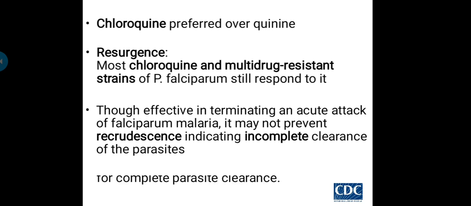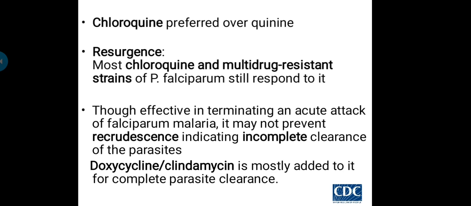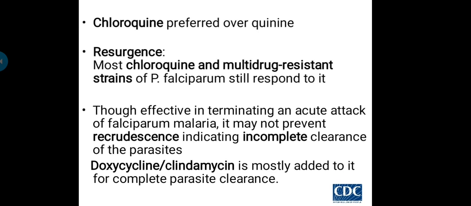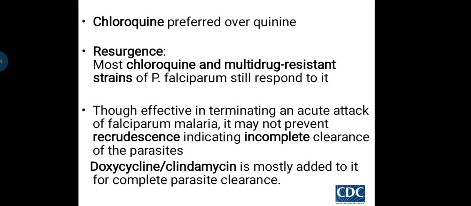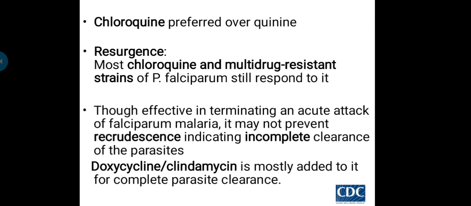That's why when all drug treatment fails, we have to use quinine. And that's why there is a resurgence of quinine use, which was absent for the last few years, because most falciparum malaria can be cured by the artemisinin group of drugs, but sometimes they fail also. Then we have to use quinine.